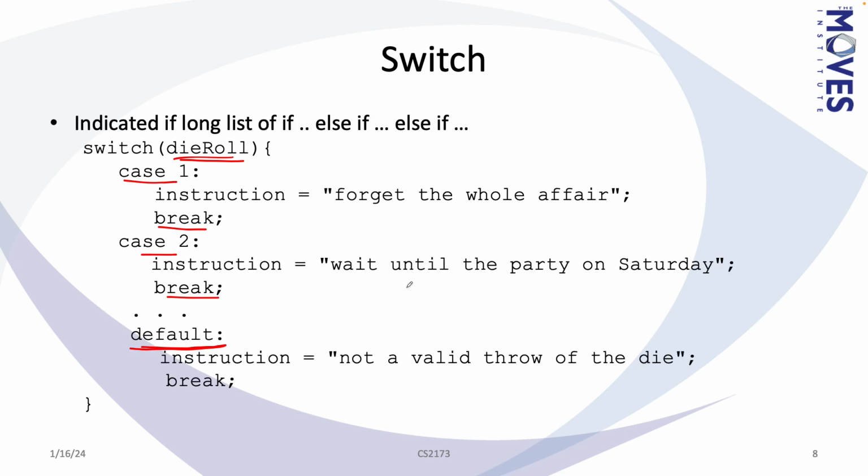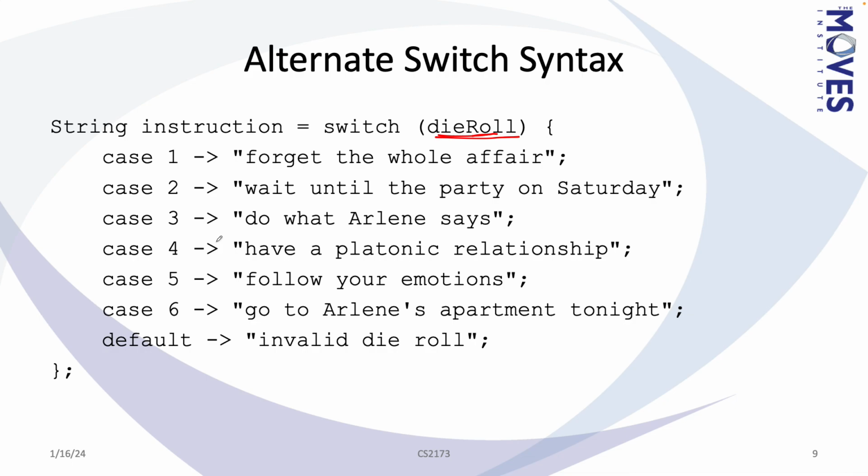I would say case 1, not have the break, case 2, not have the break, case 3, and so on. With this syntax, I can also say case 1, comma 2, comma 3 to enumerate the possibilities, though I don't do it that often. Just to reiterate, that has to be hard-coded, for lack of a better phrase? Yes, the cases have to be hard-coded.